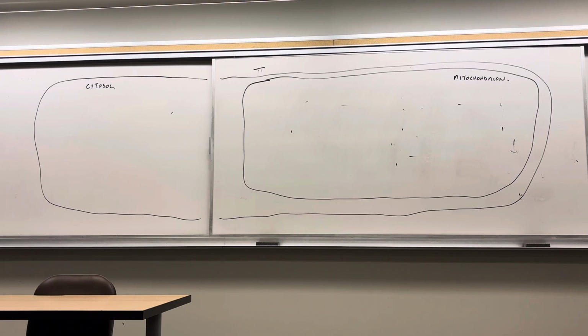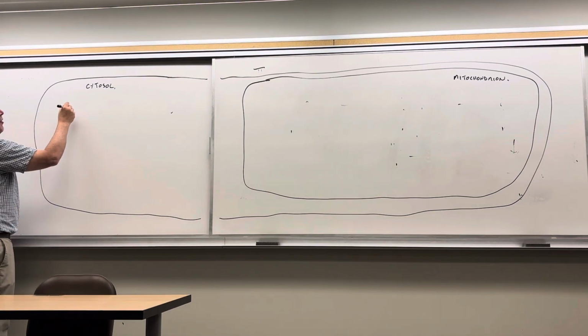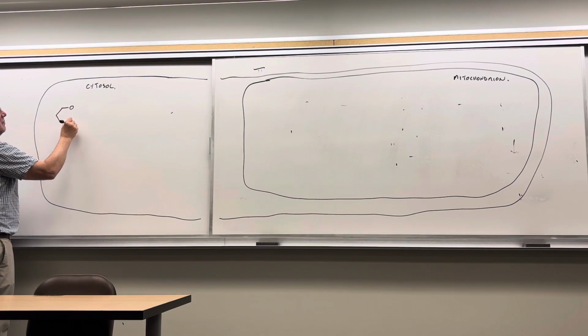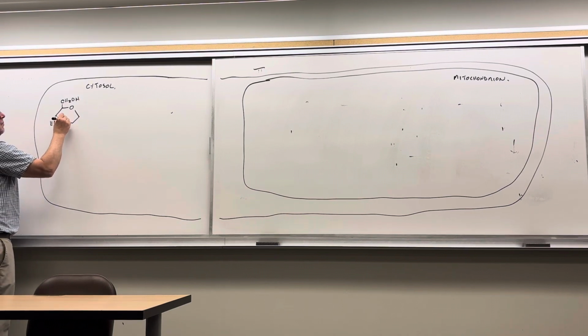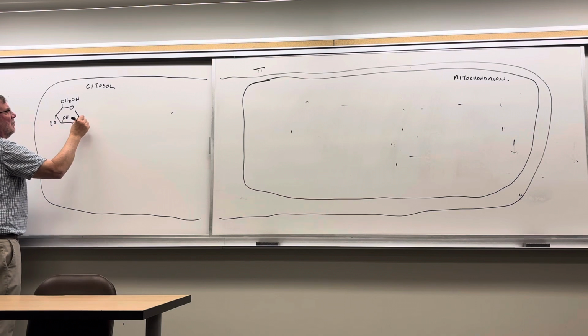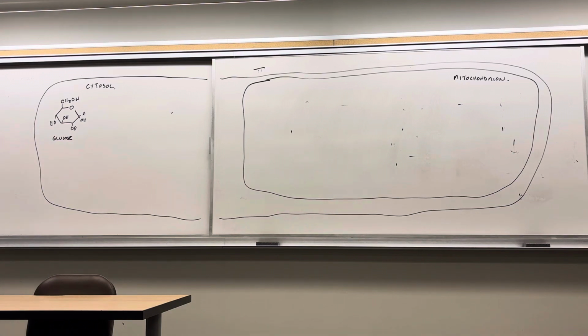Okay, so say this is a liver cell, and we've just picked up some dietary glucose from your bloodstream. So we have our glucose here. The first part of this is going to be the process of glycolysis.